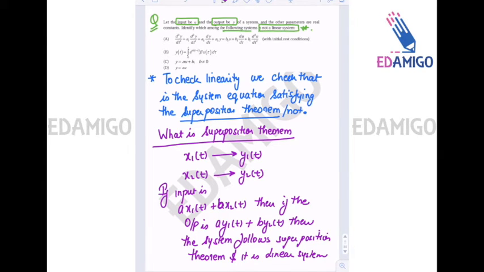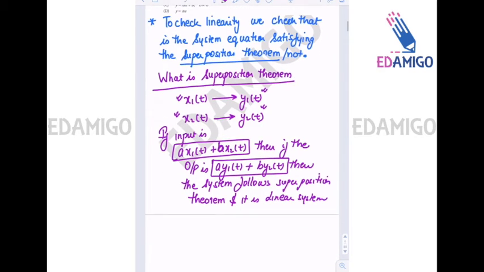So for x1(t) output should be y1(t), for x2(t) output should be y2(t). Now we have to check that if the input is a x1(t) plus b x2(t), and if we find that the output is a y1(t) plus b y2(t), then the system follows superposition and the system is linear.